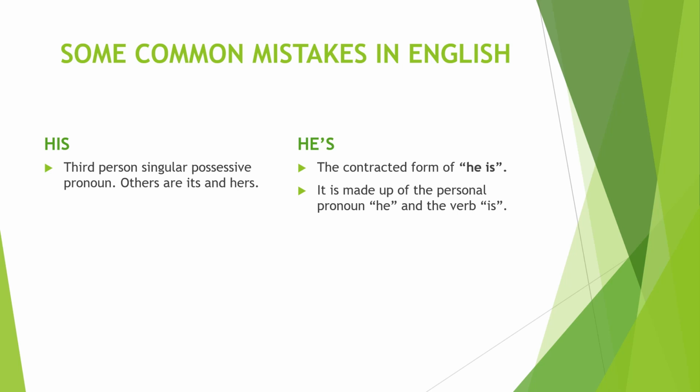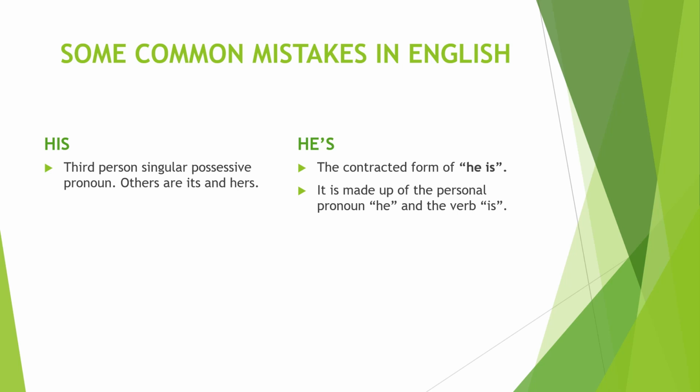In this slide we are looking at his, H-I-S. Then we have he's, H-E apostrophe S, which is the contracted form of he is, like we saw in the previous slides.